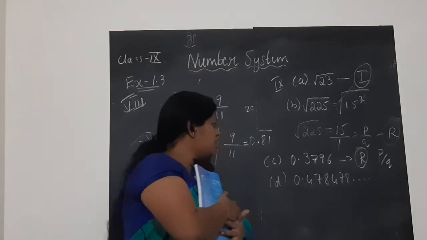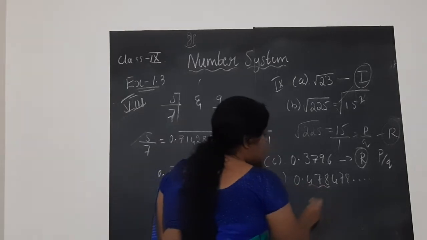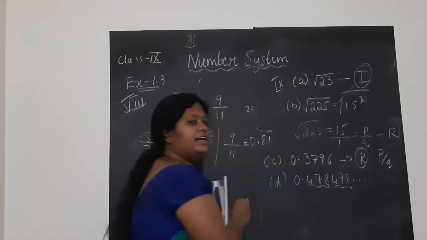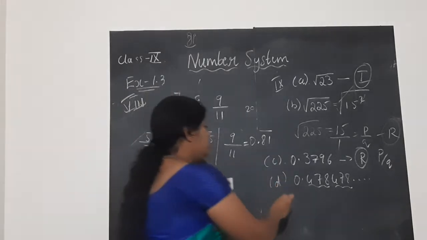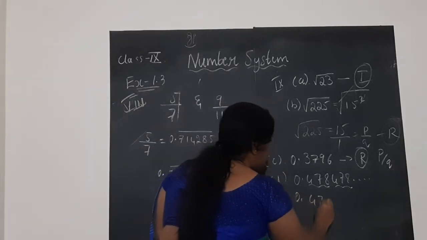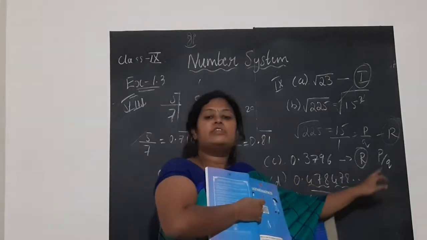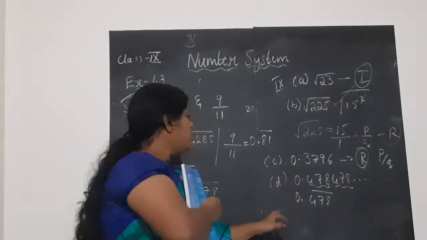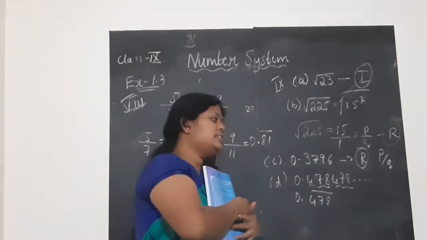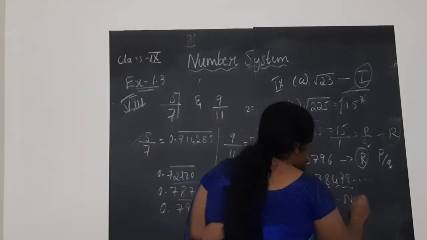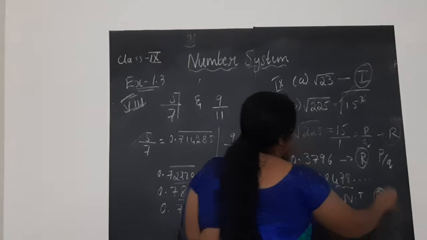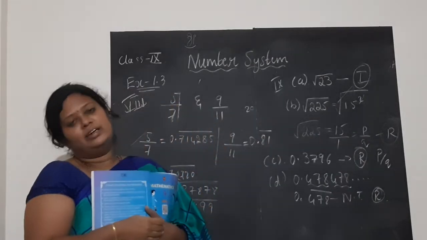Here if you observe, this term 478 is getting repeated. So I can write it as 0.478 bar instead of writing 478 etc. So this is recurring. This is recurring or non-terminating, which means of course it is again a rational number.